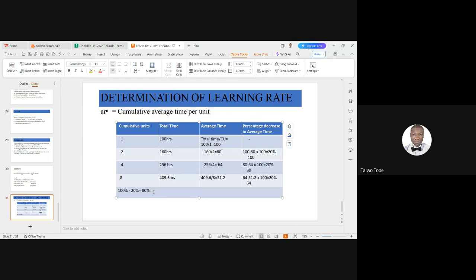In determining learning rate, you can use a formula. I presented this formula, right? So I'm going to bring forth another example where we are going to use this formula and the table to determine if we will get the same figure as what we derived using the table approach.